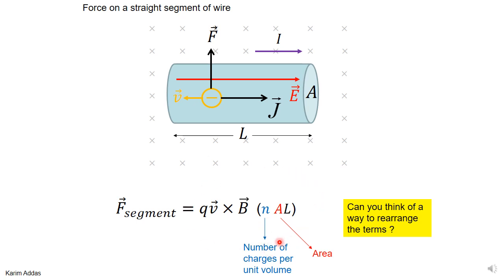Now, this is okay, but we want to rearrange the terms and write this in an easier way in terms of the current. So how do you think we can rearrange these terms in order to write it in terms of the current?